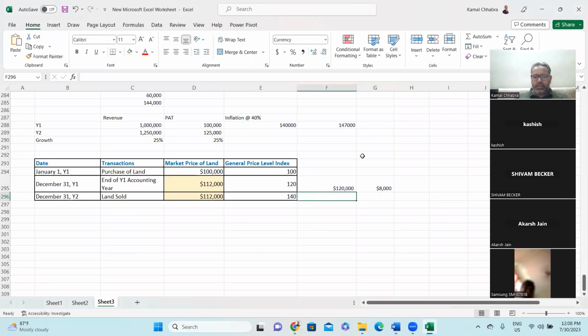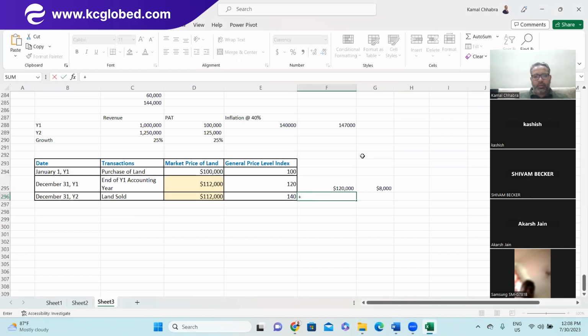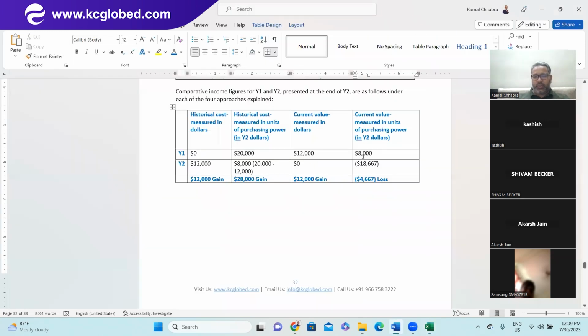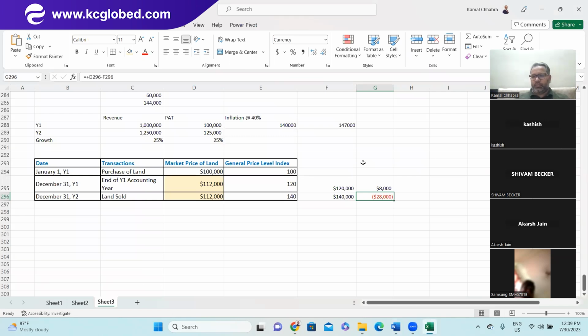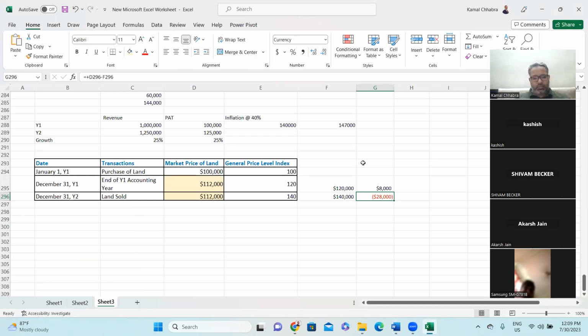Now in year two, the value is going to be 140 divided by 120 into 1... Sorry, 140, for this 140.